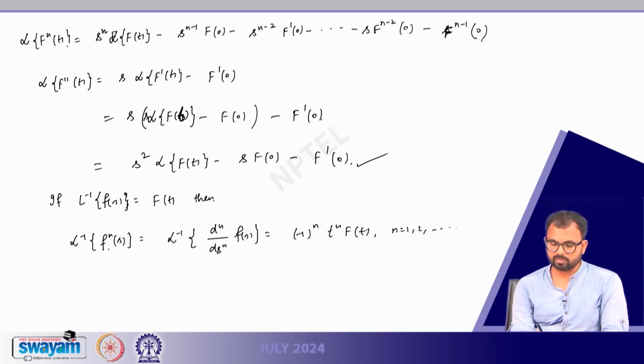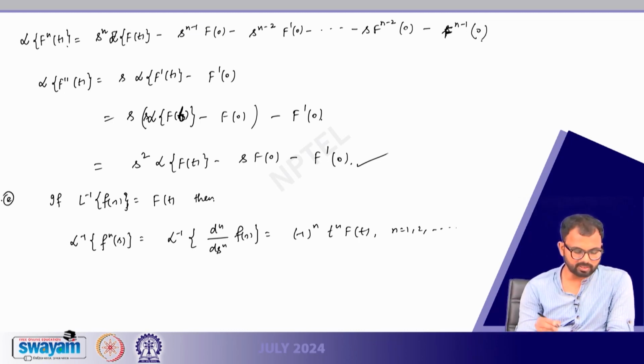So, inverse Laplace transform of F^(n)(s) will be L inverse of d^n/ds^n of F(s), which is equal to (-1)^n t^n f(t). This is property number E, I guess.